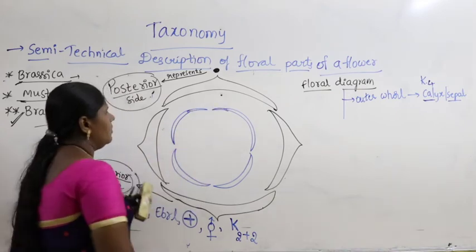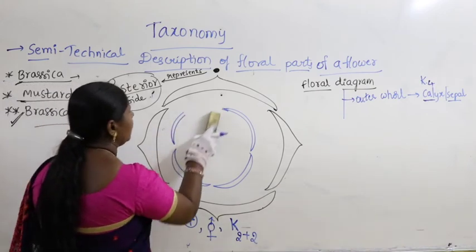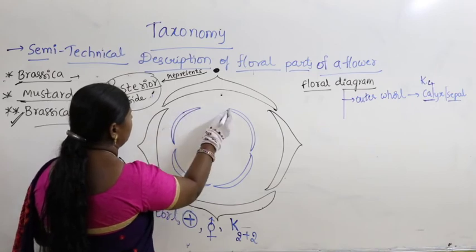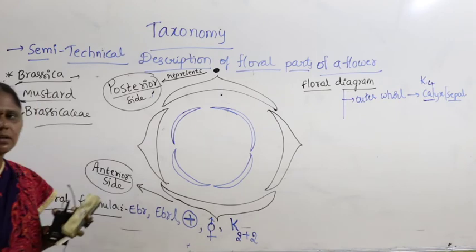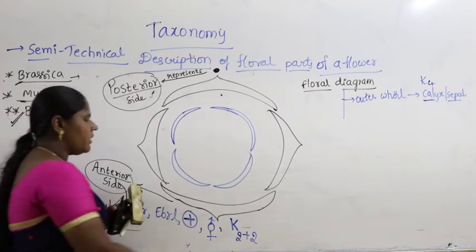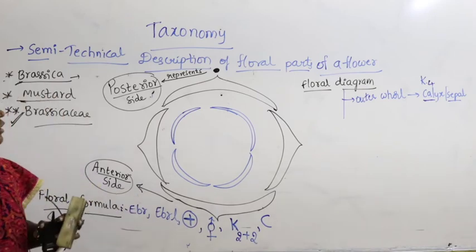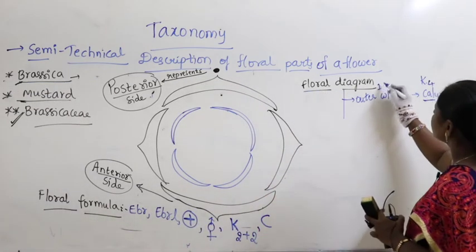So altogether, how many petals are there? 4 petals. So what is the next one we say? C for corolla. This is the outer whorl, or we say the first whorl.